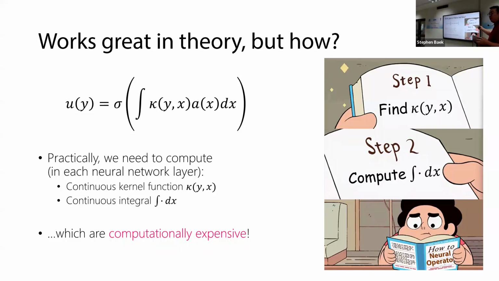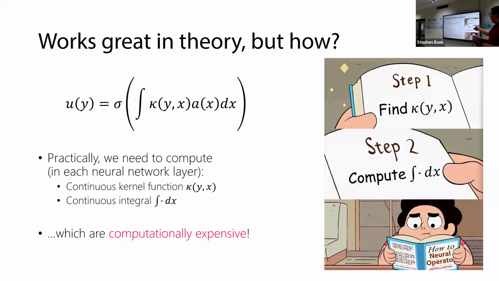So it sounded like, okay, step one, learn kappa, find kappa, and then using that kappa, compute the integral. And that sounded like basically the implementation of the neural operator. But if you think carefully about it, the actual implementation is not so easy, right? So there are two questions.